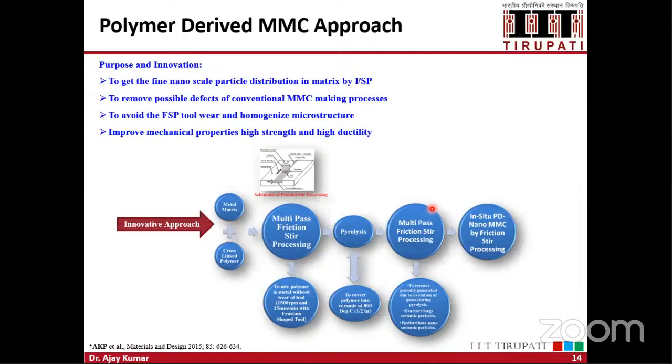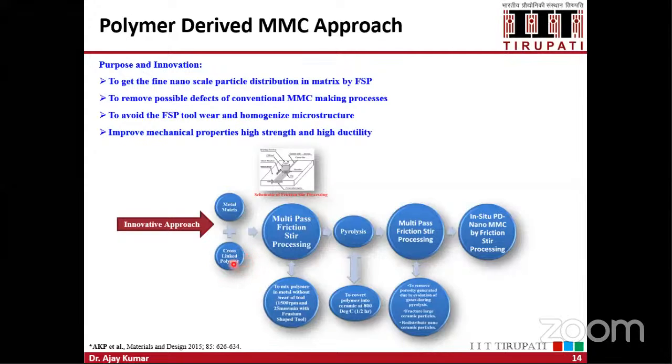polymer derived ceramics approach. What we have done is we have used the metal matrix material, and then we have used cross-linked polymer powder as the reinforcement. This cross-linked polymer has the special property that this powder can change into the ceramic phase under certain temperature conditions.